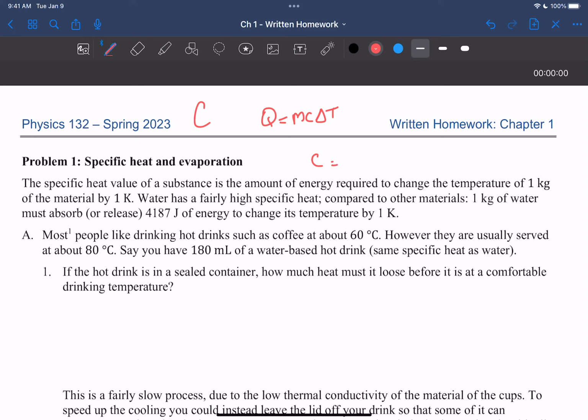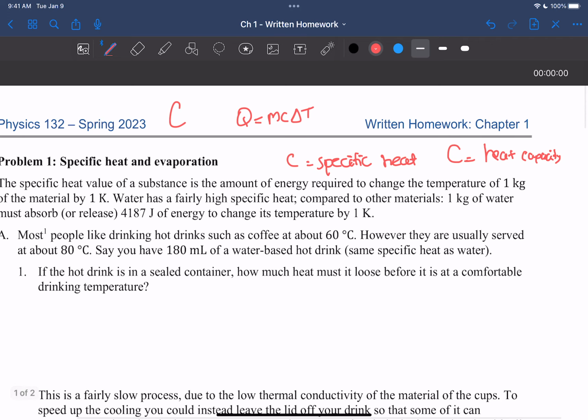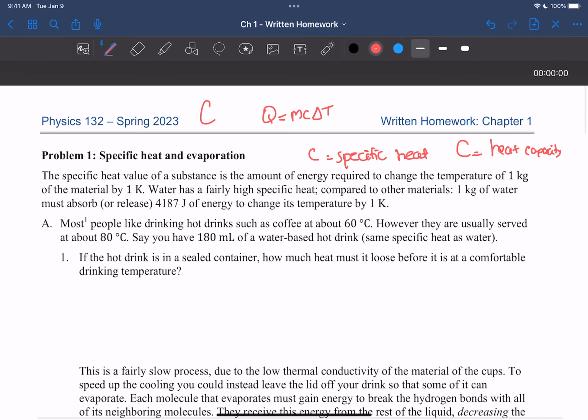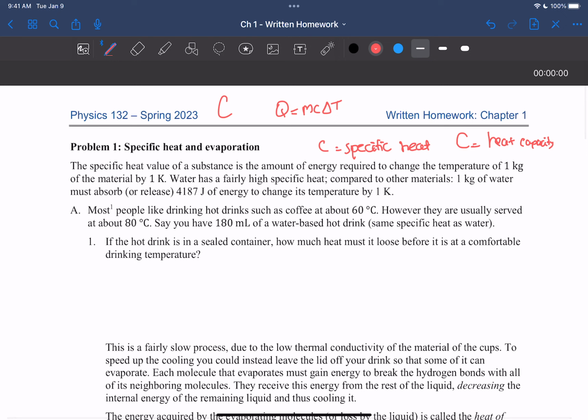So little c is specific heat, and big C is heat capacity. Yeah, little c is specific heat capacity, big C is just heat capacity. It says water has a fairly high specific heat compared to other materials. So 1 kilogram of water must absorb or release 4,187 joules of energy to change its temperature by 1 Kelvin.